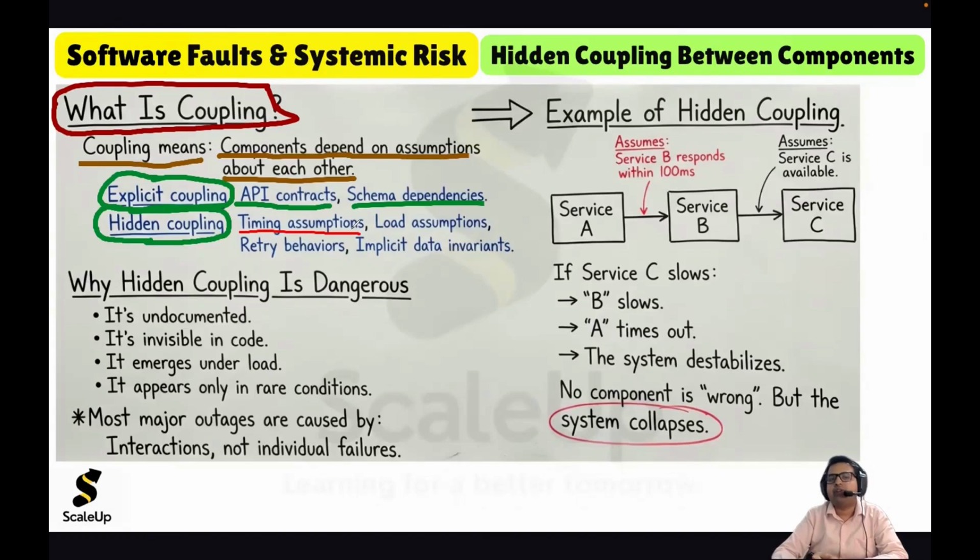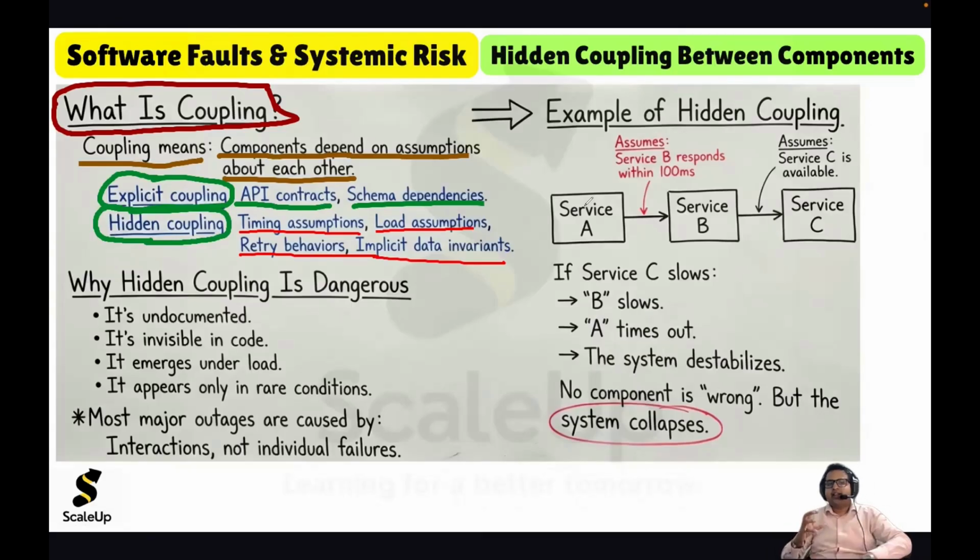And what if it does not fetch the data in 5 seconds? So there are many assumptions. In a software system, many components interact with each other, and there are many assumptions related to timing, load assumptions, retry behaviors, and implicit data invariants. So these are hidden coupling.